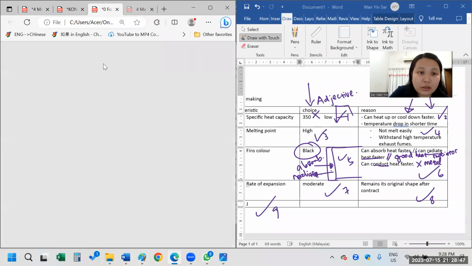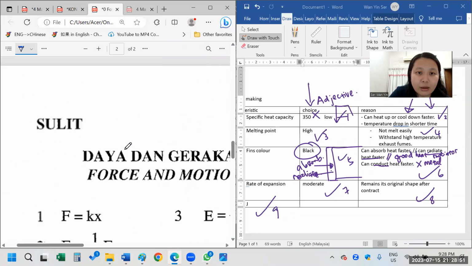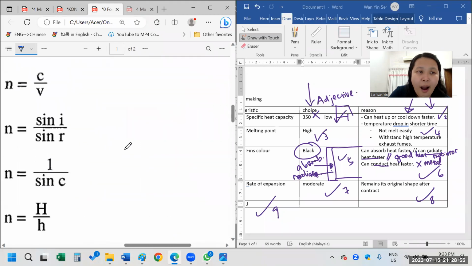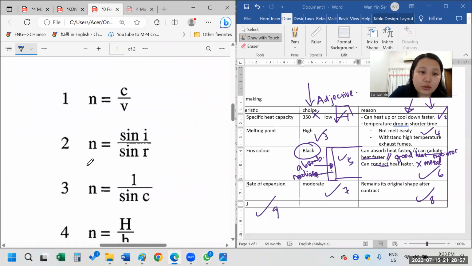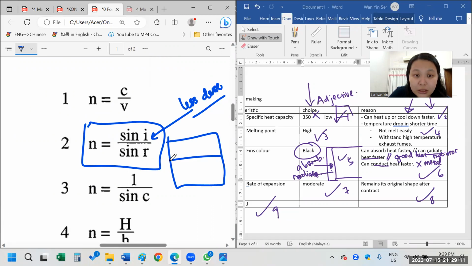Snell's law is here. N equals to sine I over sine R. And don't forget, this I must come from less dense medium. Okay, for example, here I got two medium.